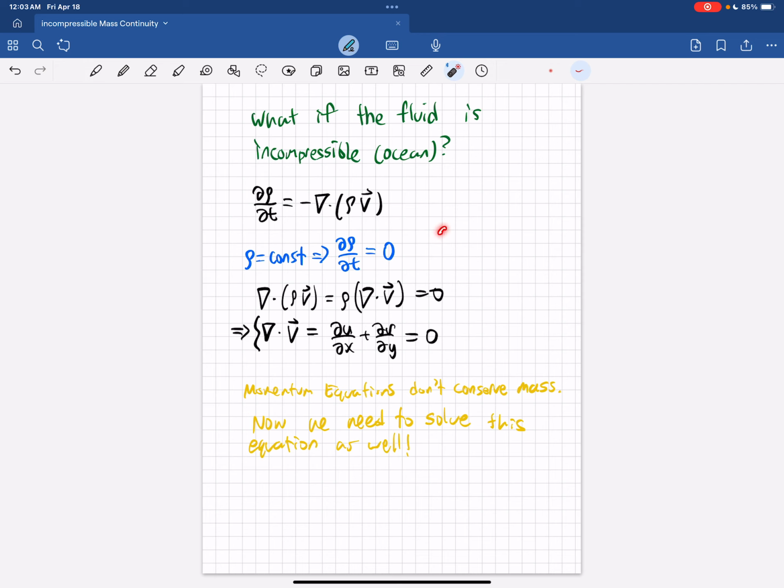If any water leaves, new water will come into a place immediately, and density will not change at all. So if you say rho is constant, that's the same thing as saying the time derivative is 0. It doesn't change over time.